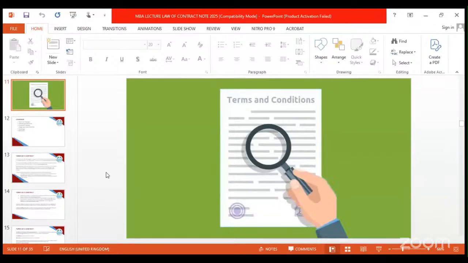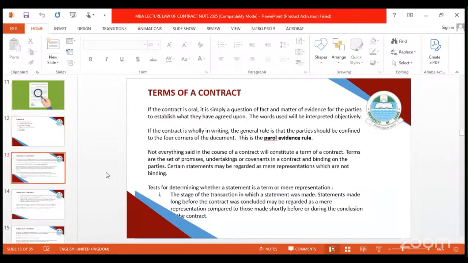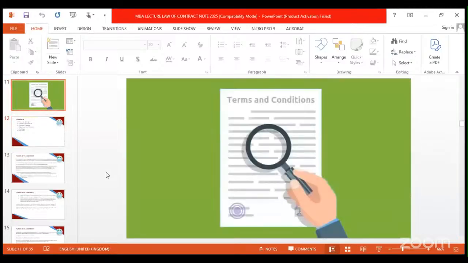Now, it's important for us to look at these terms because not all the terms are the same. There are paragraphs that will contain only the dates, paragraphs that will contain addresses, paragraphs that will contain description of the parties. So many things. But there are also some terms that are very, very central.